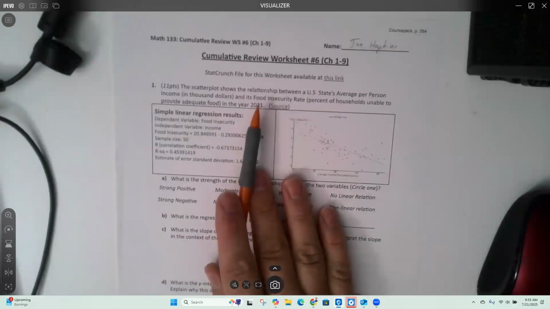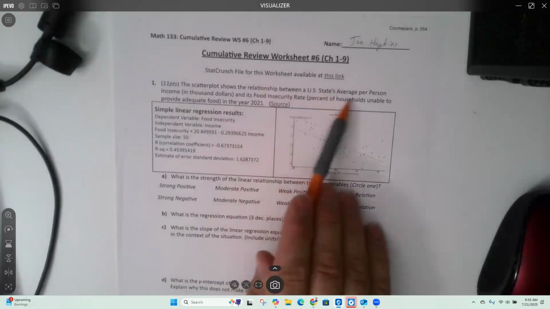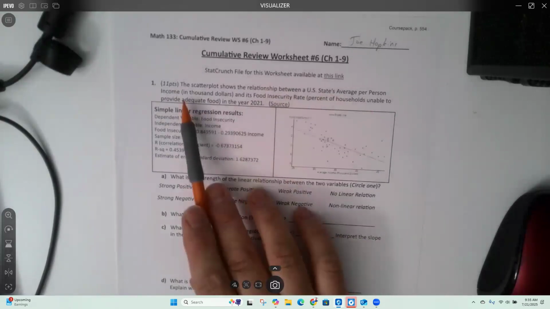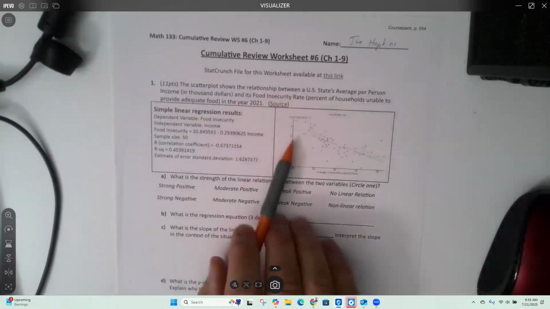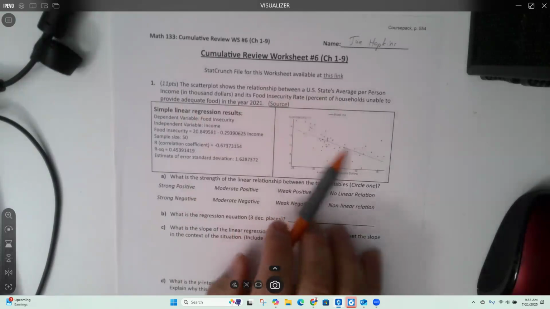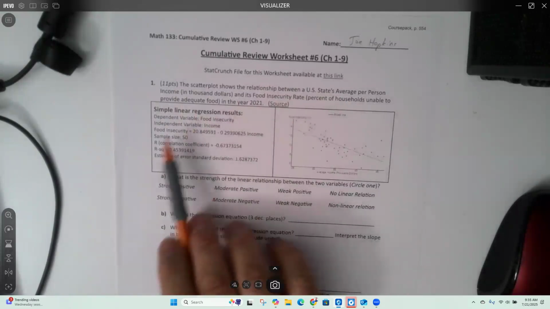So this scatter plot shows the relationship between a US state's average per person income and its food insecurity rate. They've done a linear regression for us, and they've already done the StatCrunch work here.